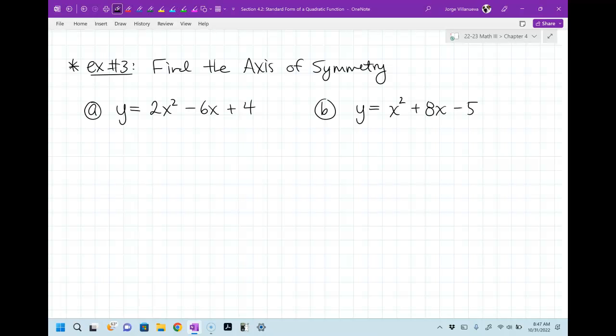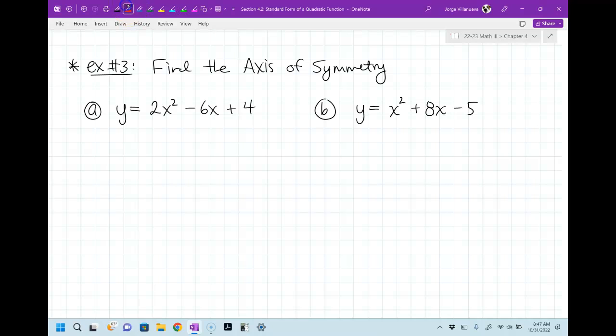Remember, the axis of symmetry is an invisible vertical line that cuts the parabola perfectly in half. Okay, that's what it is. So it's called the axis of symmetry, because when you cut the parabola in half, it's symmetric on both sides. It looks exactly the same, right? So that's why they call it the axis of symmetry. I think we discussed that last time.